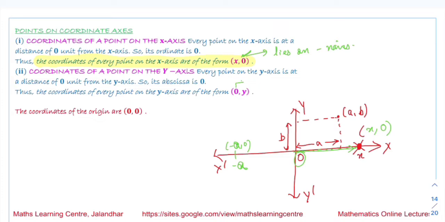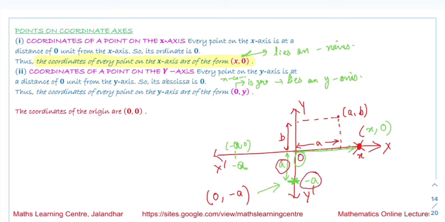Similarly, if the x coordinate is 0, then the point lies on the y-axis. So for the points which lie on the y-axis, suppose I am talking about this point, suppose this distance is a, so this point will be -a. So the x coordinate is 0, we are not moving on the x-axis, and the y coordinate is -a.